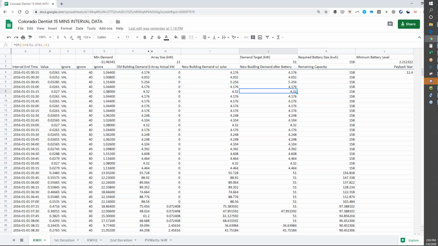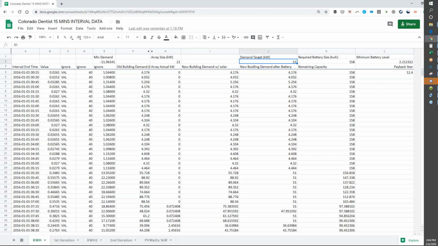I subtract the two: I take my building demand and subtract solar. Now that's showing there's a time frame when my solar array is pumping 12 kW back onto the grid.